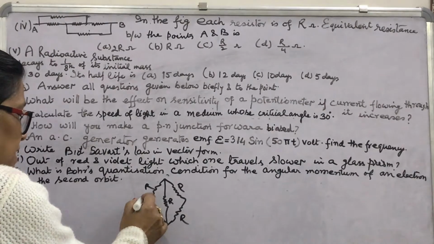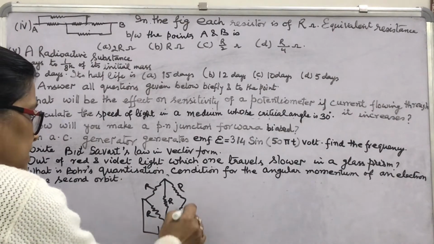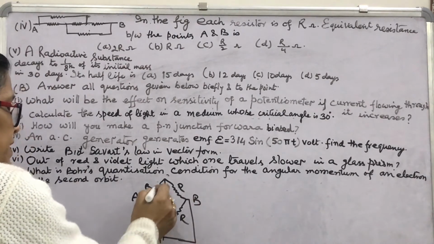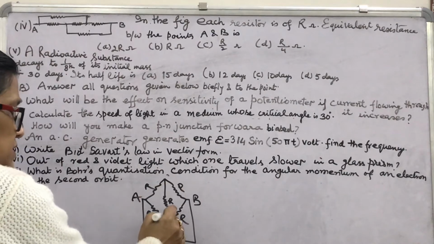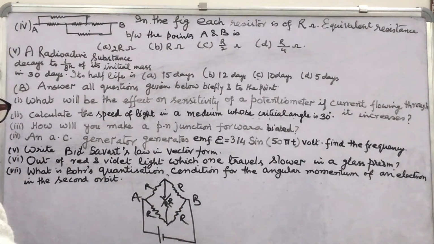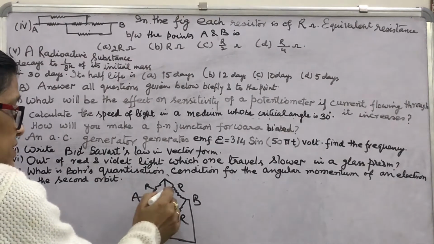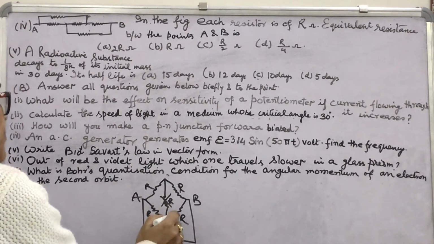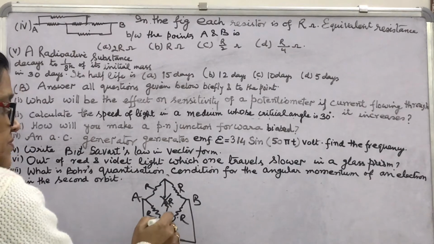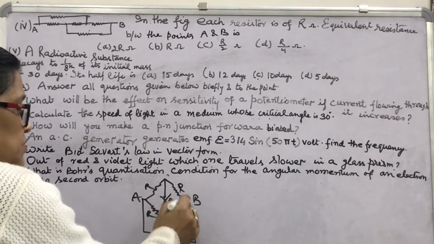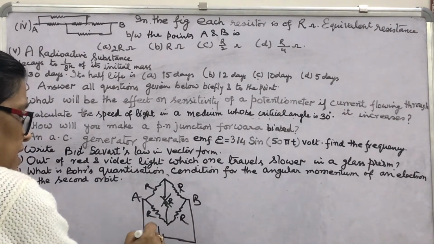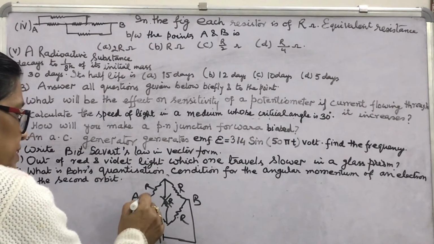If you consider a cell connected between these 2 points, A and B, then there will be no current through this middle resistance and it will be null and void, because the resistance of this arm upon this is equal, R upon R, to that of the other 2 arms. So these 2 are connected in series and these 2 are connected in series, because the current going from the cell will be divided equally.